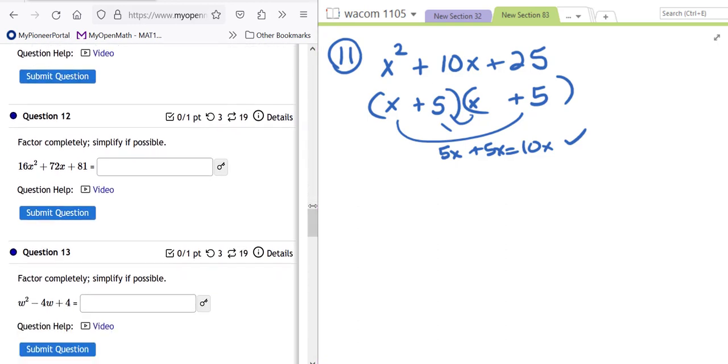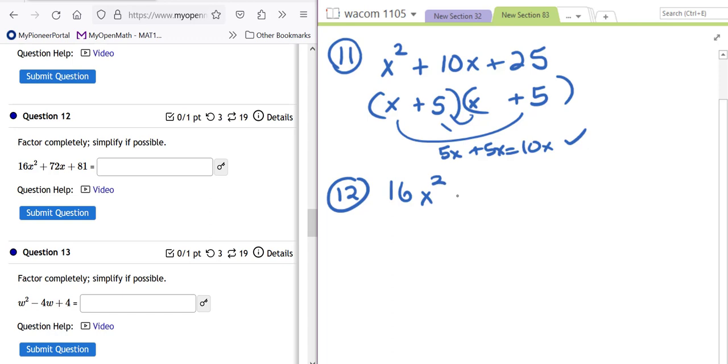Let's see, 12. This is a better candidate for a perfect square trinomial. I don't even think of it with those. But this one, because this would be harder with our other methods, it kind of stands out as a nice perfect square trinomial. And there is no GCF. If there was a GCF, we'd do that first.